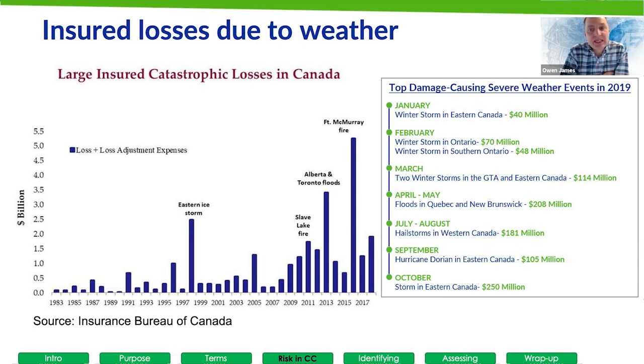However, the increasing incidence of severe weather events is a significant factor. And it's worthwhile noting that this graphic is really just insured losses. The actual losses are significantly bigger than what we've got represented on here.